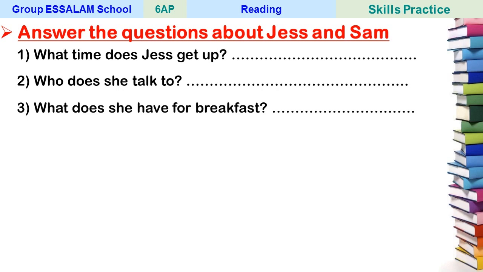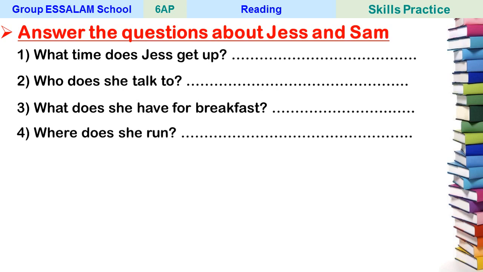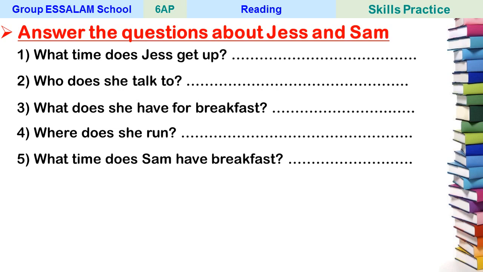Okay, give me the food that she has, okay? Your answer should be like this. She has for breakfast this and this and this and this, okay? Number 4. Where does she run? About the place here, okay? You have where, place.